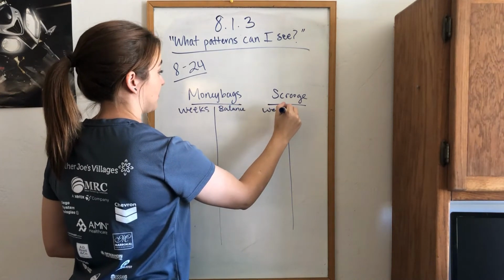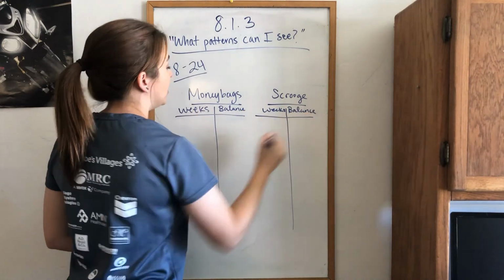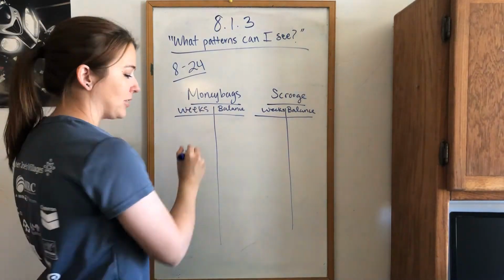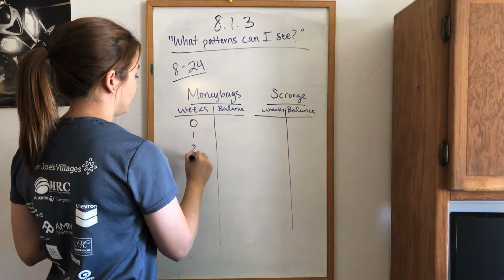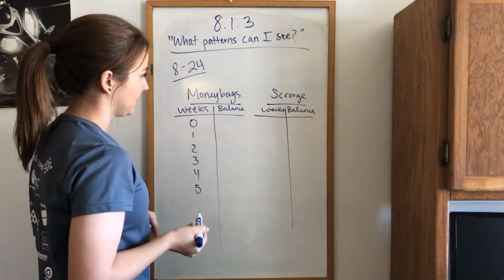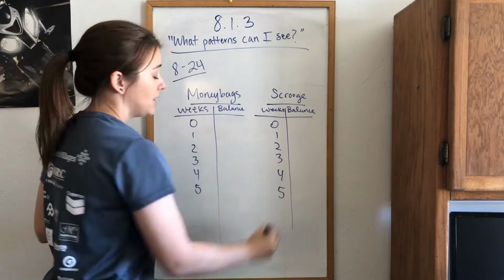I'm going to put in 5 weeks, 0, 1, 2, 3, 4, 5, but you're doing 12.